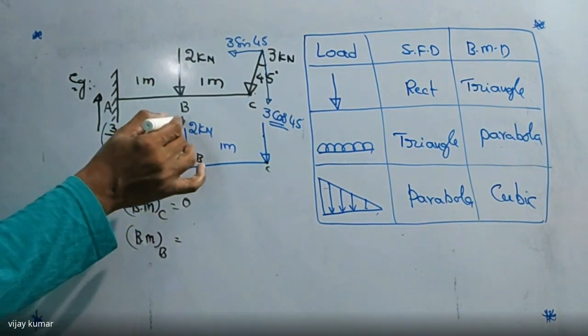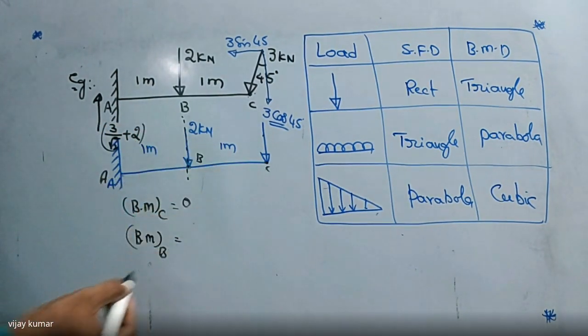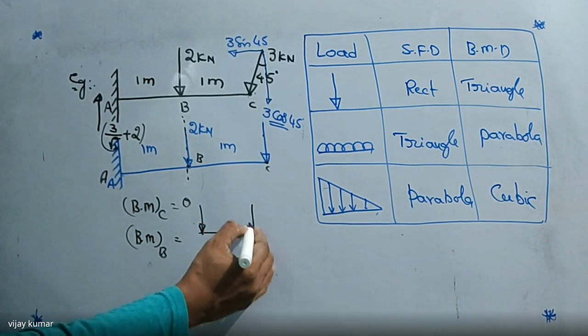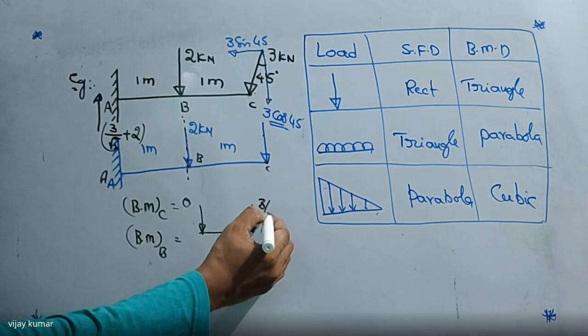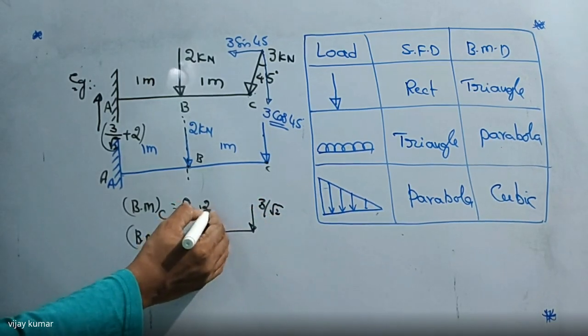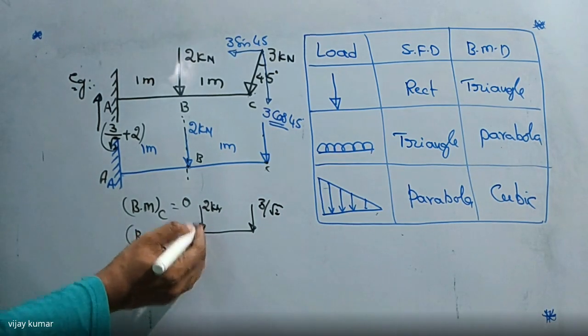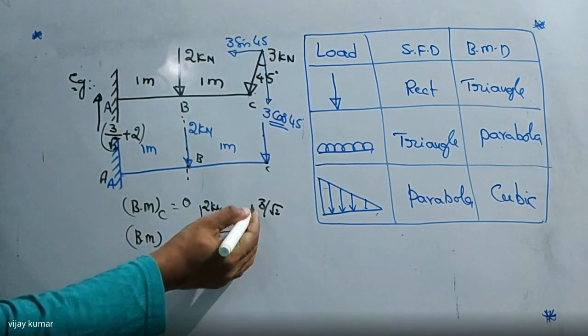And this moment of this force must be zero. So if you divide this beam into two parts, then we get two forces like this. This is 3 by root 2 and this one is 2 kilonewtons. This is point B. But what is the moment of this force with respect to B? Zero. But this moment is not zero.